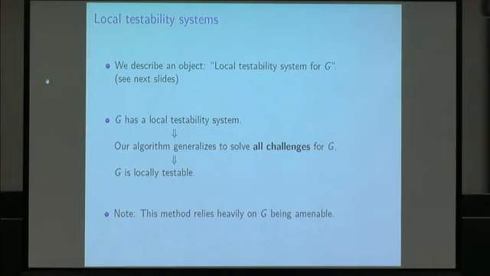And this by definition means that G is locally testable. Just for some context, this relies heavily on G being amenable. I didn't have to write amenable here because having a local testability system would imply amenable. But this is something which is relevant only in the amenable category.